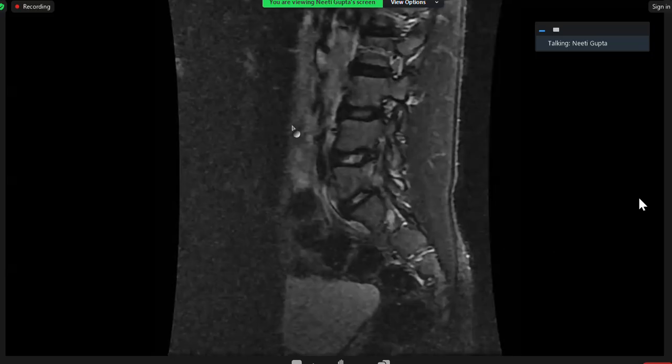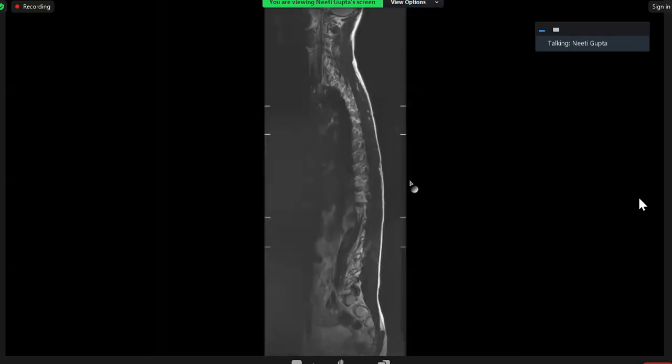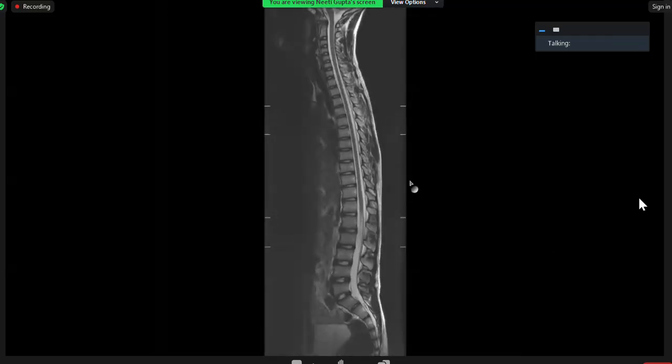Are you all able to see the images clearly? I'm showing you an MRI of the whole spine. Yeah, Niti, we can see it.